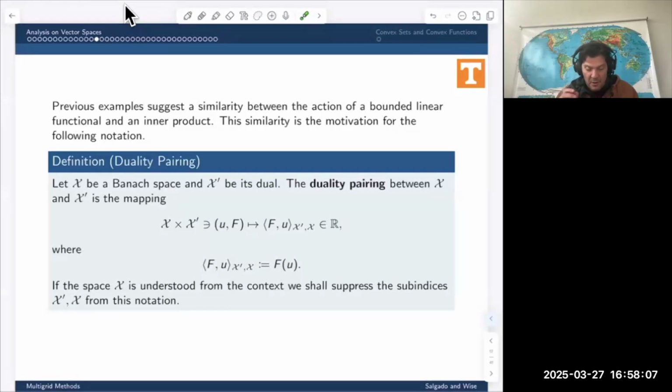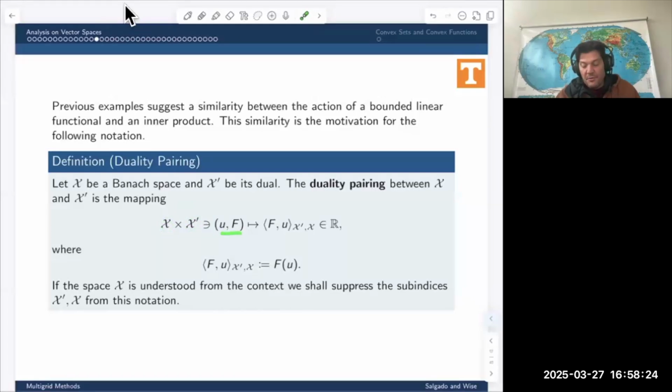Again, we're going to take an X and an X prime. I'm going to take a vector and a functional that acts on those vectors, and combine them in some way together.